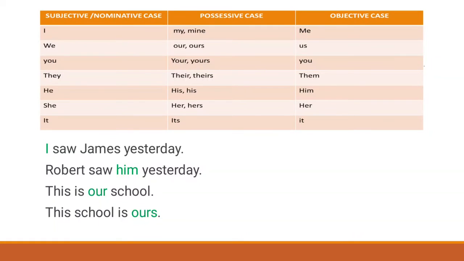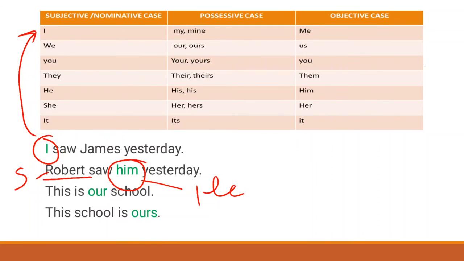For example, when I say, I saw James yesterday, here I is playing the role of a subject, and that is why we will use subjective case I. Robert saw him yesterday. Here Robert is playing the role of a subject, and the word him is playing the role of object. So instead of using the pronoun he, we have used its objective case him.